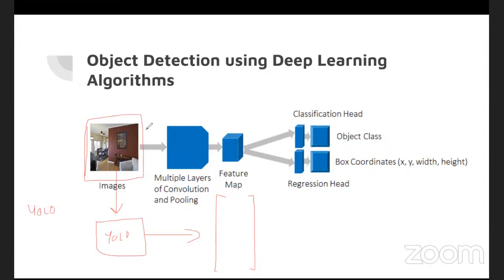So this whole image will be given as an input to the YOLO algorithm, and it will give every detail at once. Let me consider that this image contains a fan and a poster. So the YOLO algorithm will provide me the object name for every object.